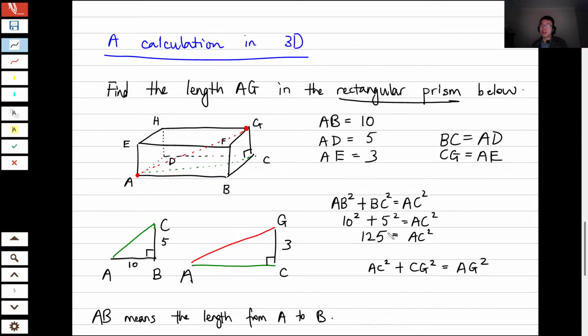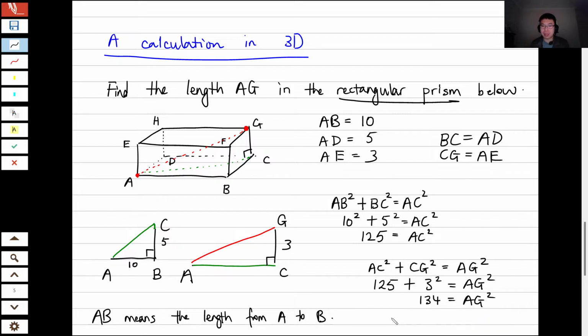And I'm not going to bother square rooting because my formula for AG involves AC squared. So now I can just put in 125 here. And CG is 3 squared. So 125 plus 9 is 134.